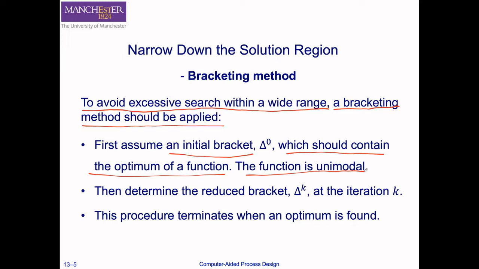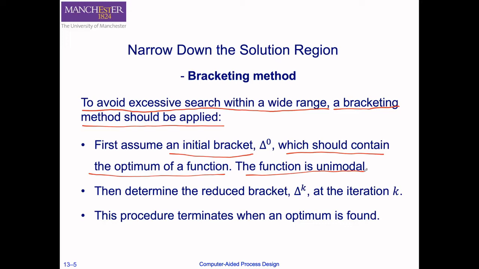After an initial bracket is provided, the general procedure for function value-based methods can be used to scan the variable space in this interval and evaluate the function values at a grid of trial points.